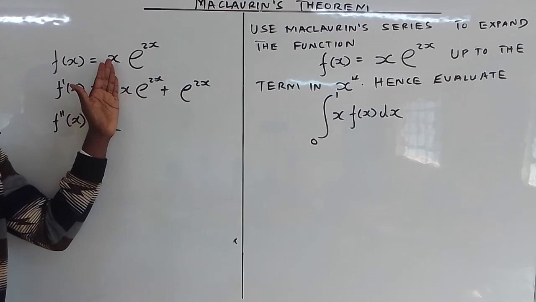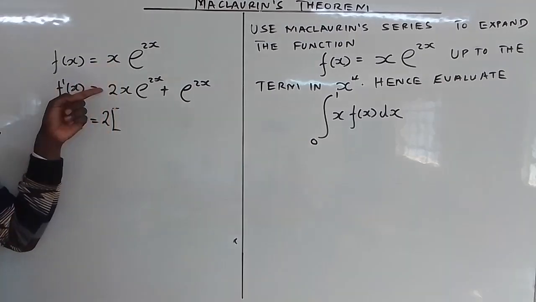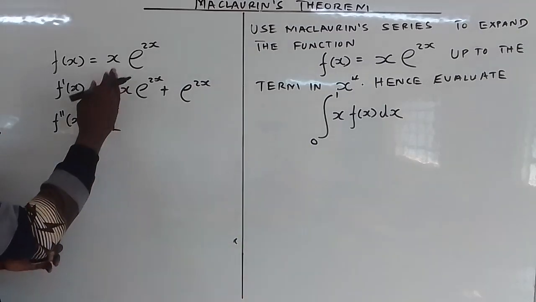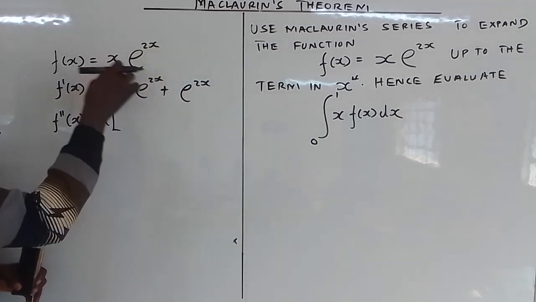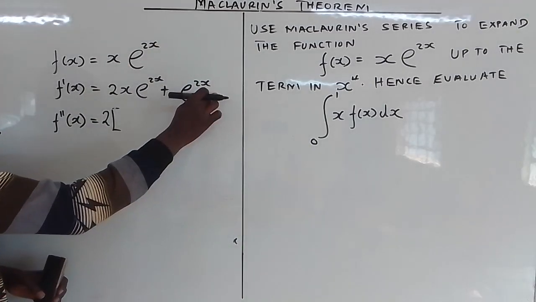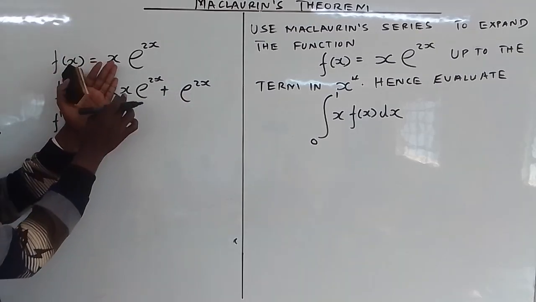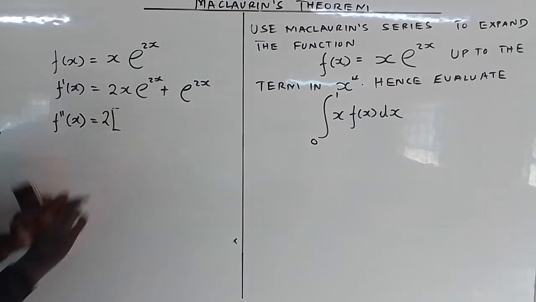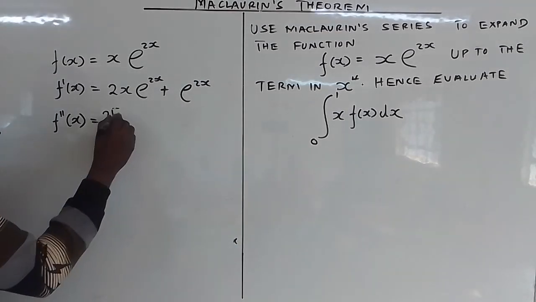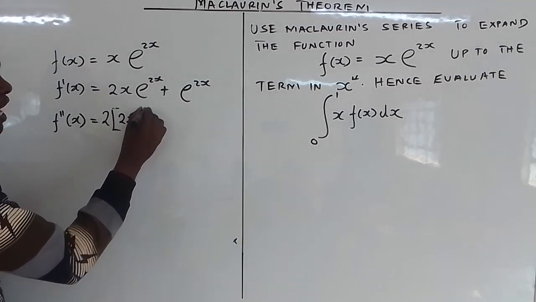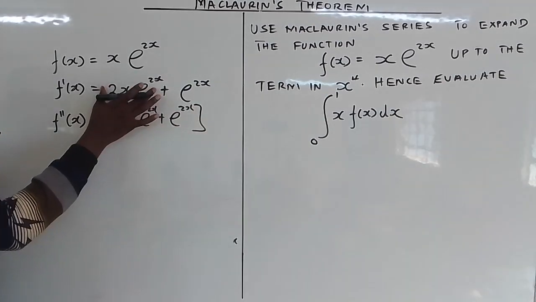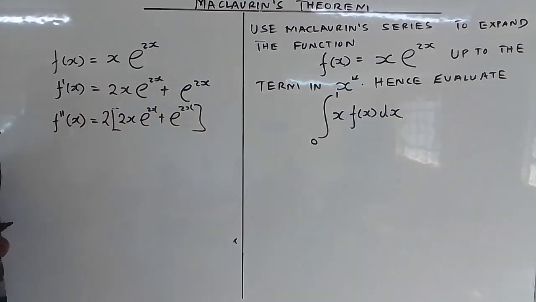And if you differentiate x exponential 2x, you get the whole of this term again, so it is 2 into 2x exponential 2x plus exponential 2x. So we differentiated this first part.